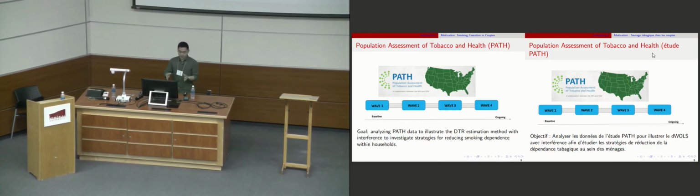It collects data by waves, and we consider the first 4 waves to formulate a 3-stage decision problem. Our goal is to use the PATH data to illustrate the DTR estimation method with interference to investigate smoking cessation strategies for reducing smoking dependence within the household.